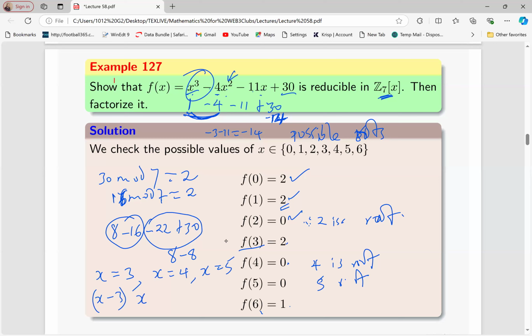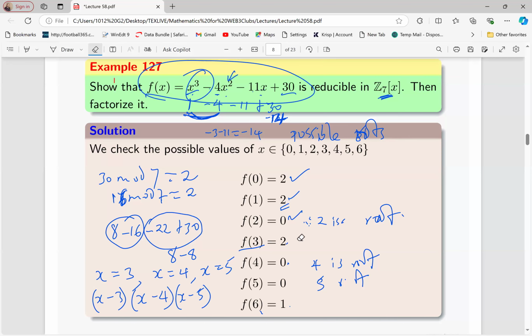Then you have x minus 4. Then you'll have x minus 5. We have factorized this polynomial. So this is how you factorize. First of all, you find the roots and then you just multiply the factors, because these are the factors. When you multiply those factors, you get the polynomial.